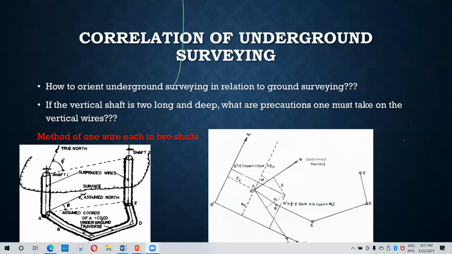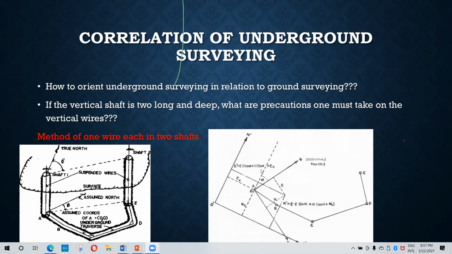In reality, you will have to measure a tunnel system like this, but at the end of the day, you will have to correlate your surveying to the surveying that we do on the surface. In order to do the correlation, you need to have the same coordinate system. In order to have the same coordinate system, you need to have the same bearing, right? So there are several techniques proposed in your book.